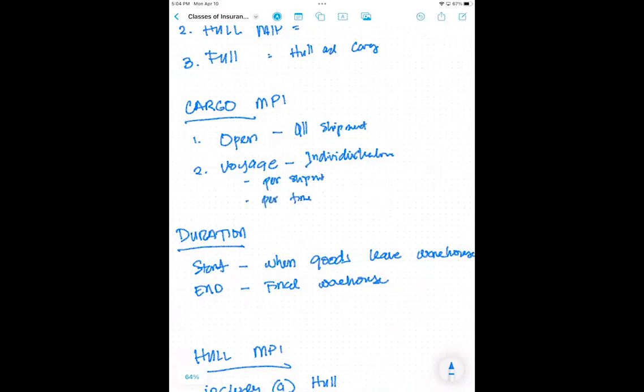Let's say, for example, the voyage would be from day 1 to day 30, then day 31 to day 60, and from day 61 to day 90, and that would be the end of the voyage. So any of the three periods mentioned may be covered by an individualized insurance, and also per voyage.